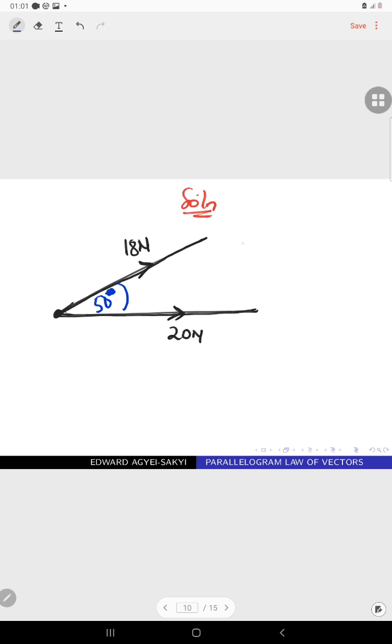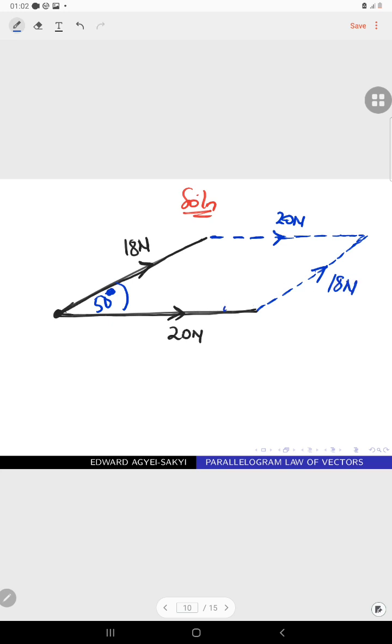You need a parallel line to the 20, a parallel vector, according to the law. So it's going this way, 20 newtons. Then you need another one parallel to this, 18 newtons.